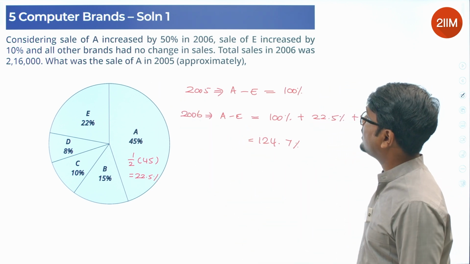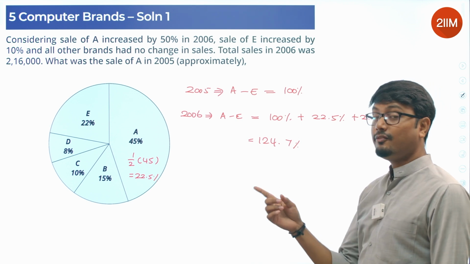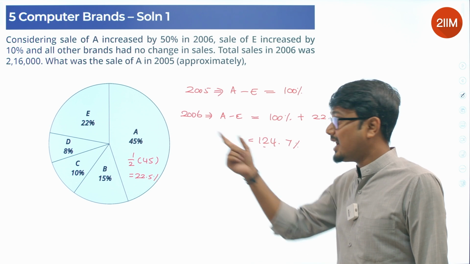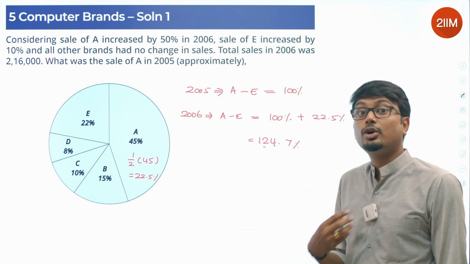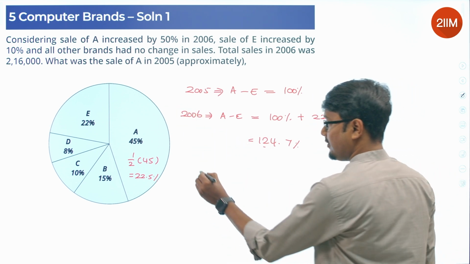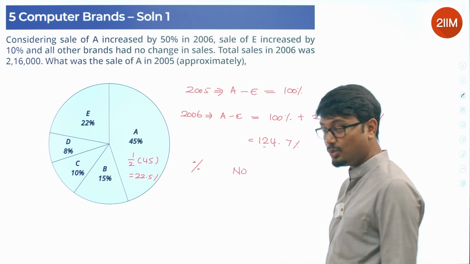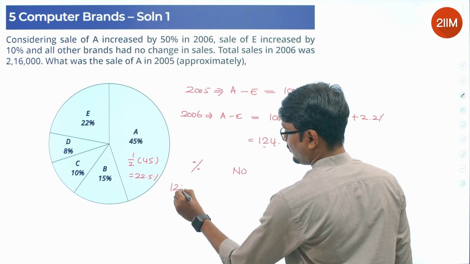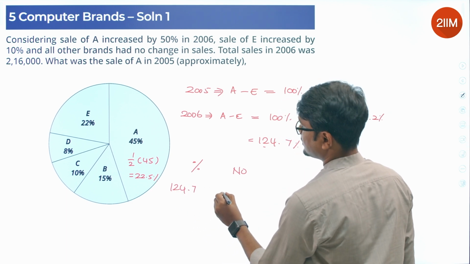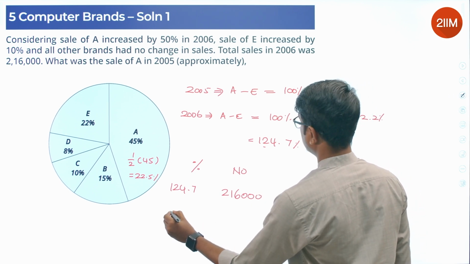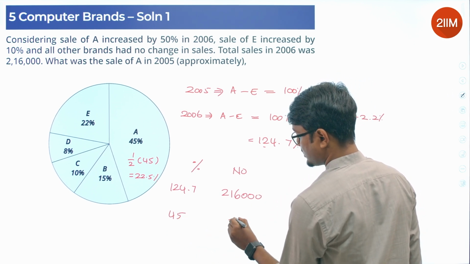Now what do we need to find? What was the sale of A in 2005? So we got this 124.7% as a number. You are supposed to find 45%. How do we get it? We know that percentage and number are directly proportional. We do cross multiplication. 124.7 is 216,000, and this is 45. You don't know what that is.